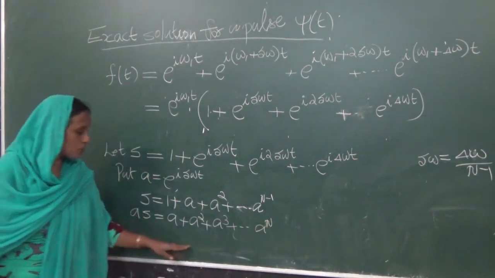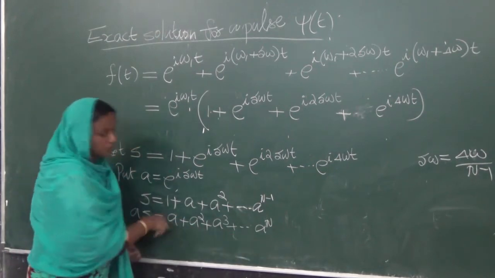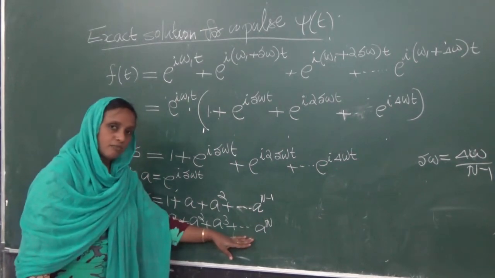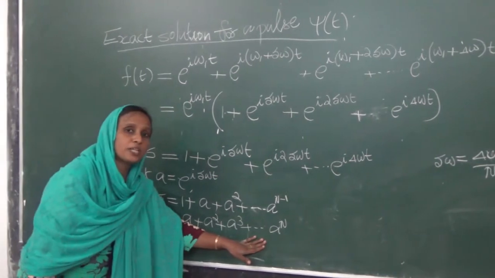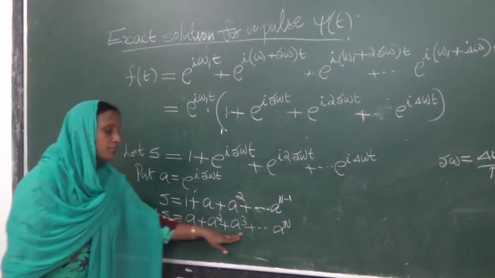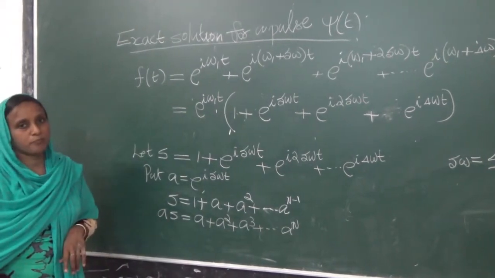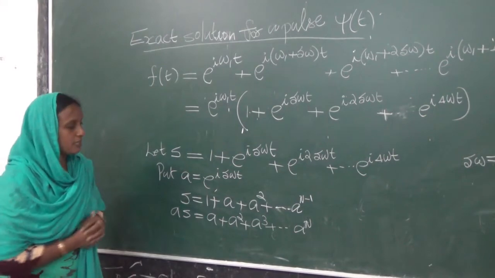The RHS of this expression represents a series. What series? This is a geometric progression, GP. This expression represents the sum of n numbers in a geometric progression.